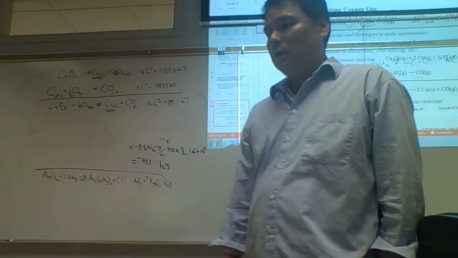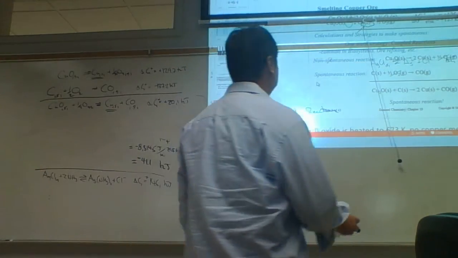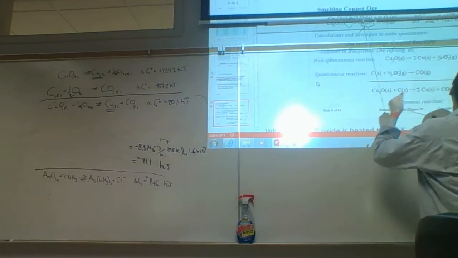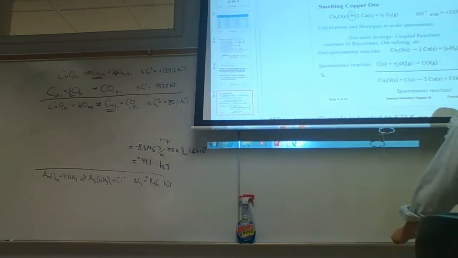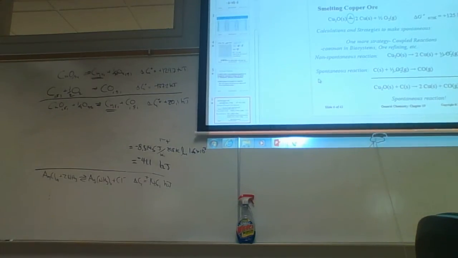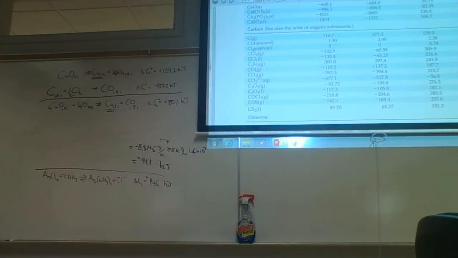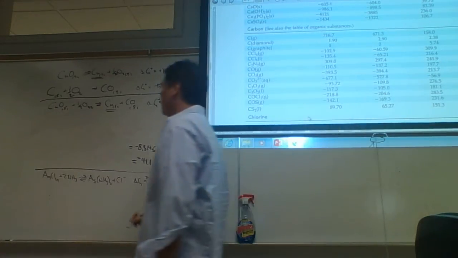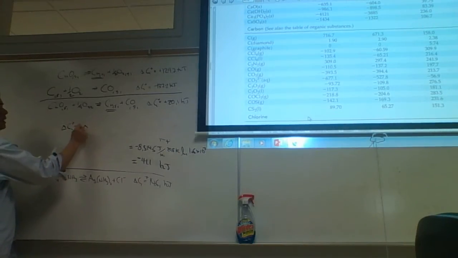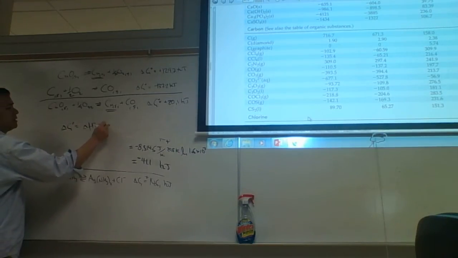So let's take a look and see the numbers there, actually. In order to see how delta G varies with temperature, we need to know delta H and delta S. So delta G naught is equal to delta H naught minus T delta S naught.